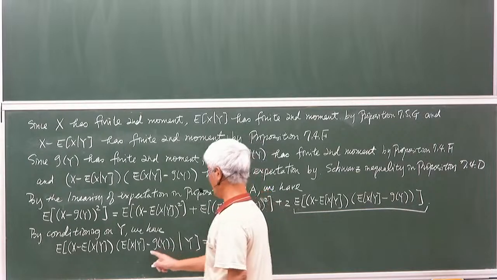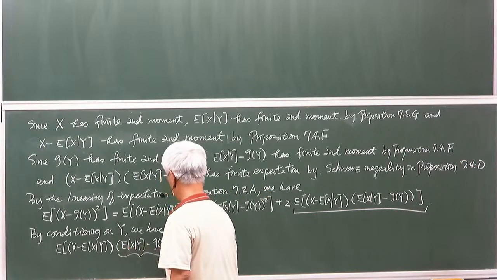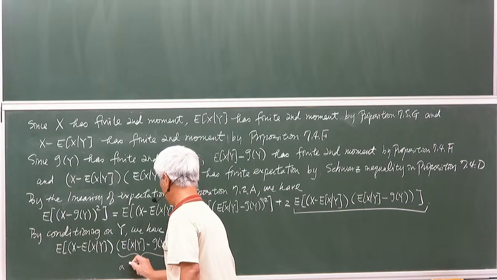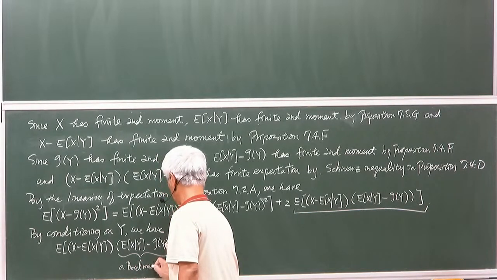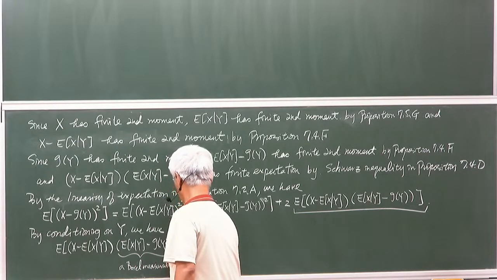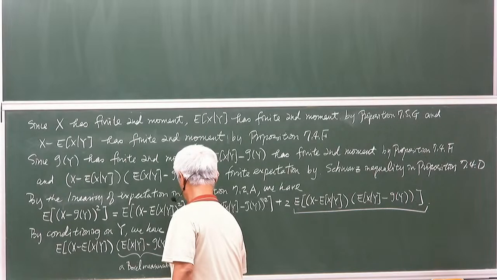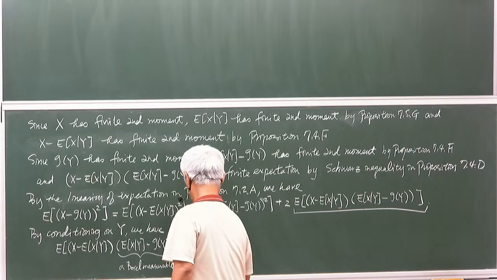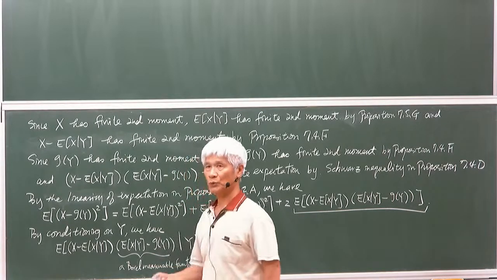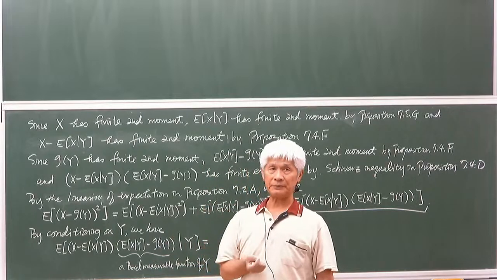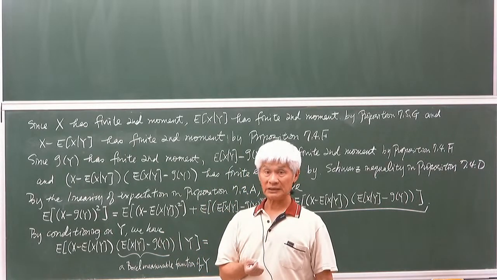Now, this one is a Borel measurable function of Y, so we can use the moving out property of conditional expectation.